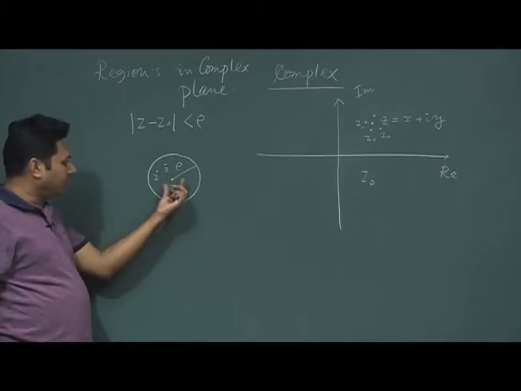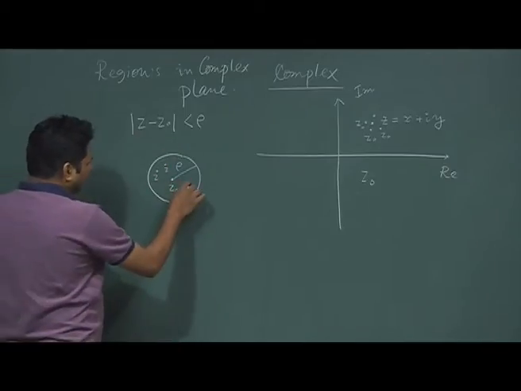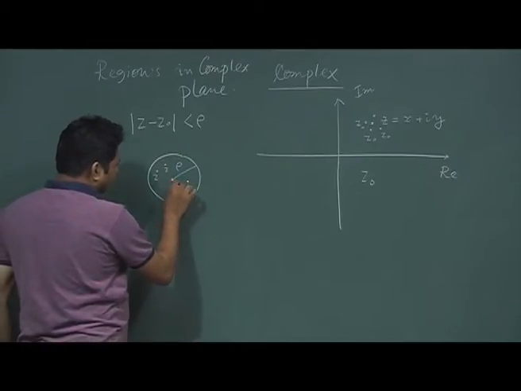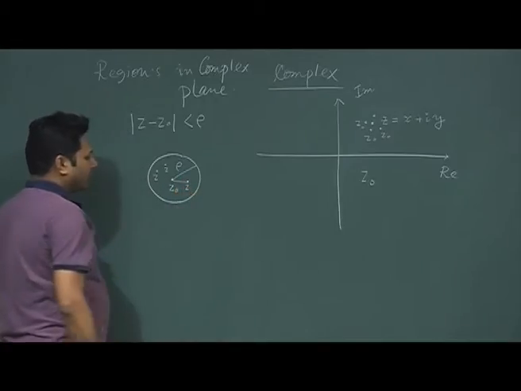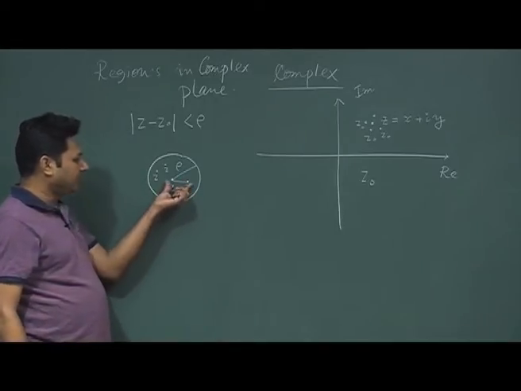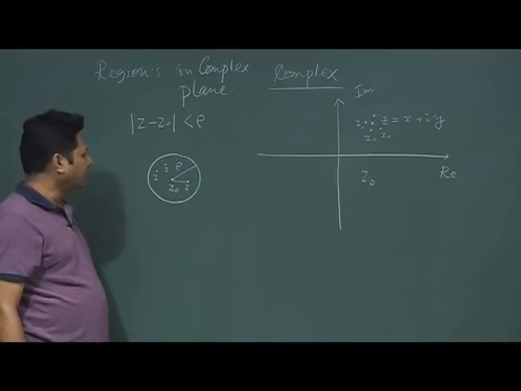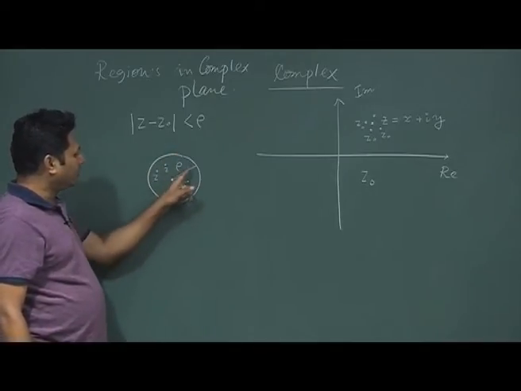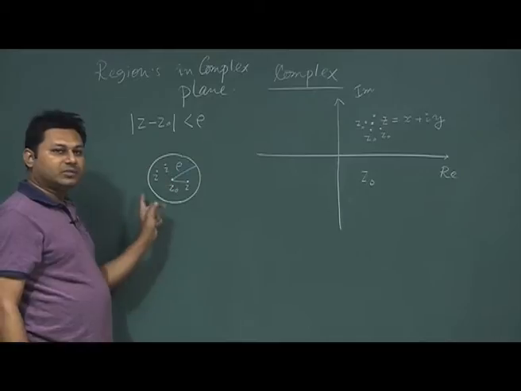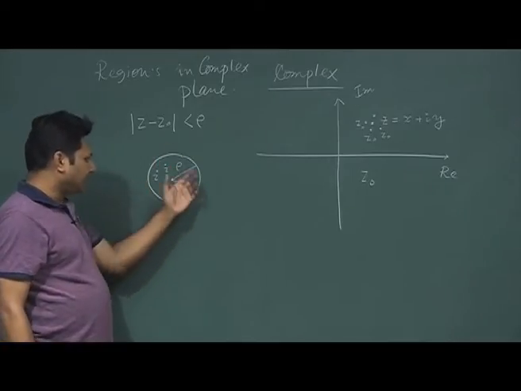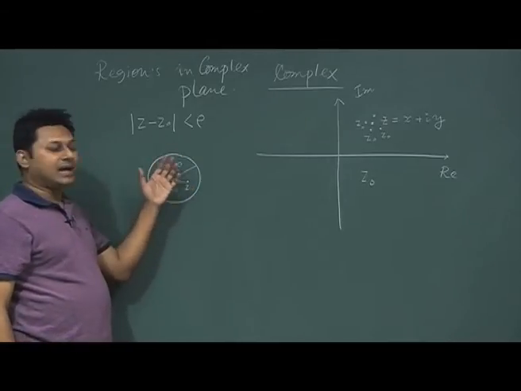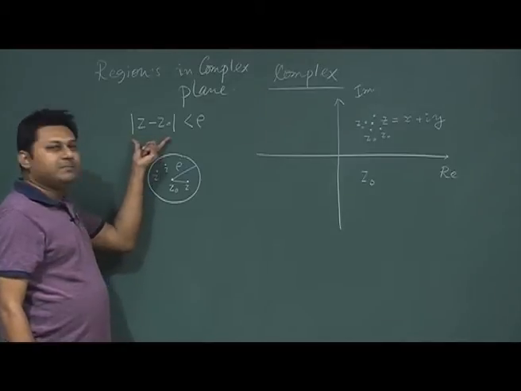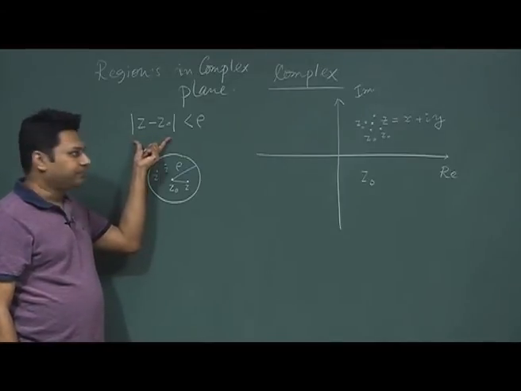If you look carefully, if I take one point z here, then mod of z minus z0, that means the length of this quantity, is always less than rho, the radius of this circle. So inside this circle, whatever point I have can be represented by this expression.